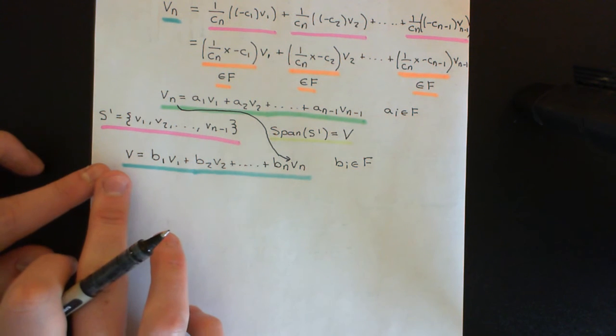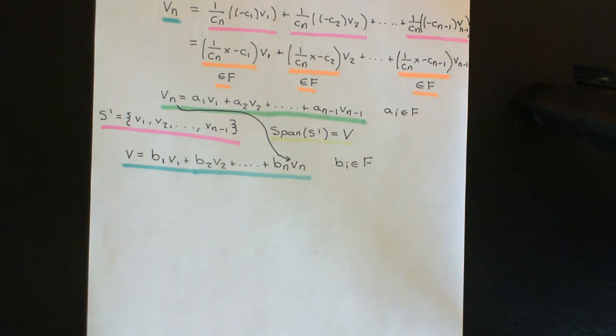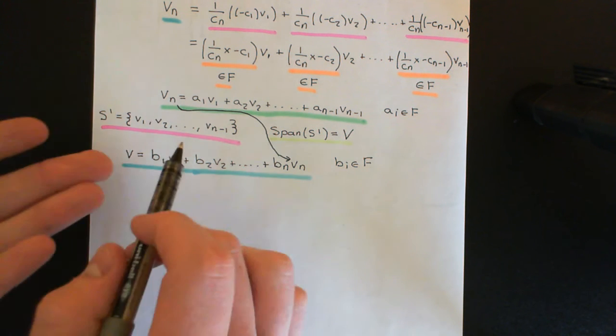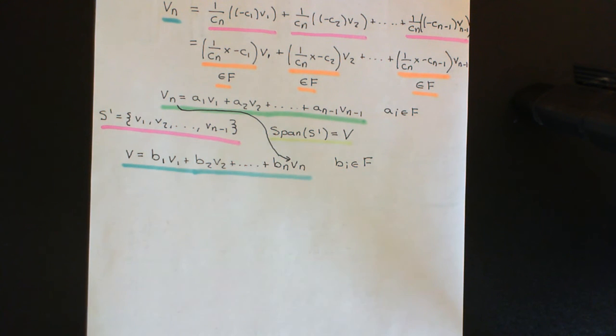And since this was an arbitrary vector in the vector space, then the argument will apply for them all. Hence, this set S prime will span the entire vector space. Any vector in the vector space will be writable as a linear combination of those vectors v1 and v2 all the way up to vn minus 1.